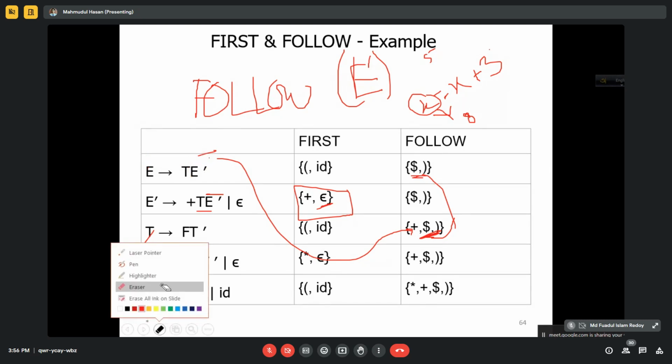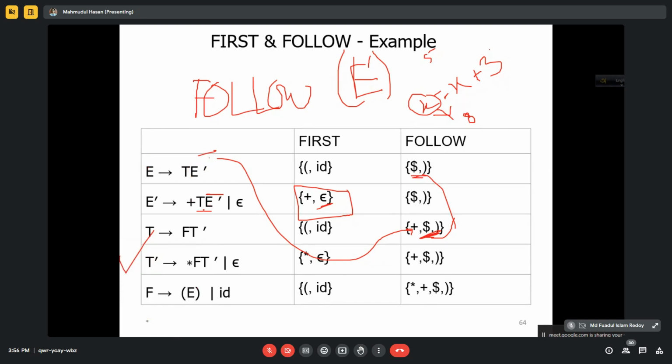Oh, sorry. Extremely sorry. So there is another T. So after T there is also T dash. If you consider this one, T E dash, we already considered this scenario. So no need to consider this one because the answer will be the same.